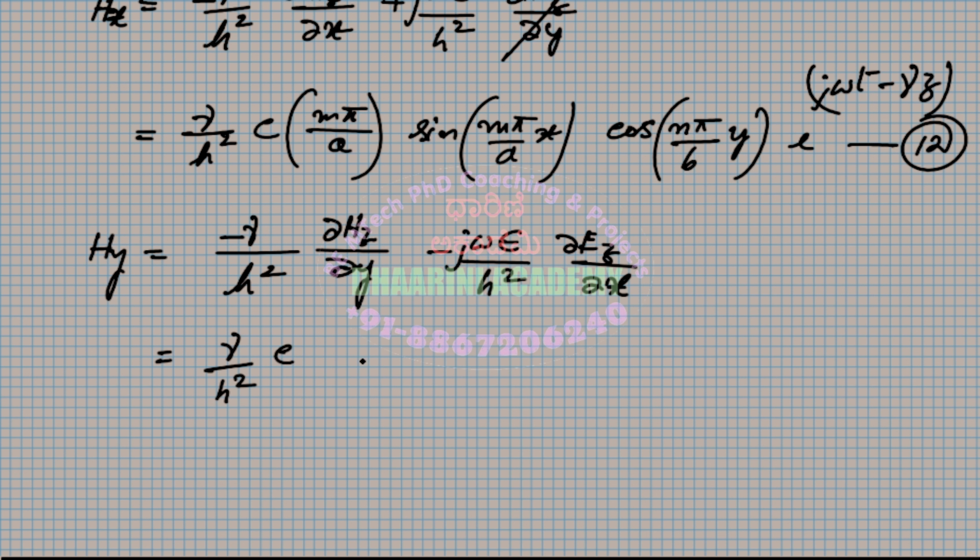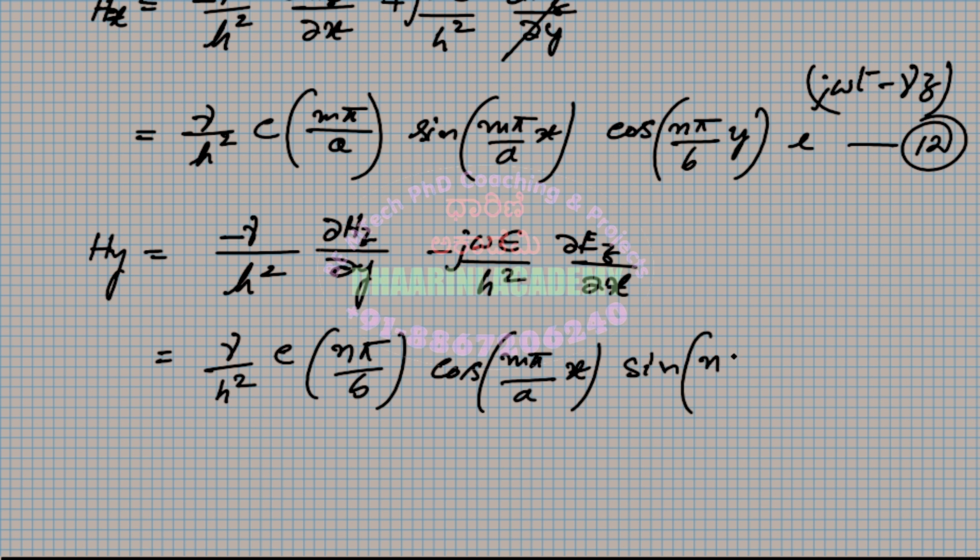Differentiation actually yields a term that is n pi by b, because that's the term with respect to y, into cos of m pi by a times x into sine of n pi by b into y, into e to the power j omega t minus gamma z, equation number 13.